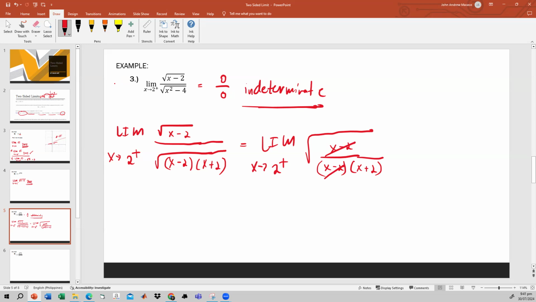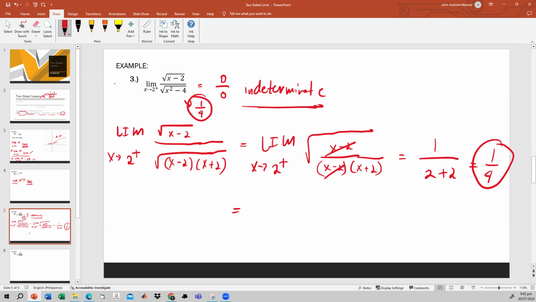If you evaluate this by substituting 2, this will lead to 1 over 2 plus 2, so this will lead to 1 over 4. So it means that the limit exists as we have the square root of x minus 2 over x squared minus 4 as x approaches 2 from the right. This exists and the value is 1 over 4.